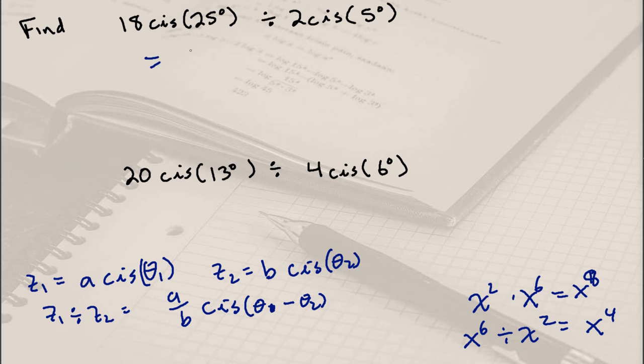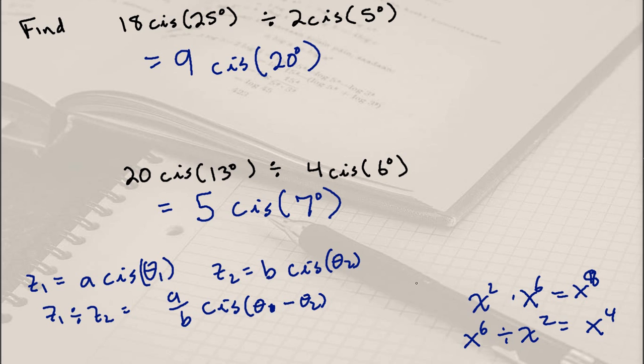In this case, 18 divided by 2 is 9, CIS, 25 minus 5 is 20, and done. And right here, 20 divided by 4 is 5, and then CIS, subtract those angles and get 7 degrees. Not too bad at all.